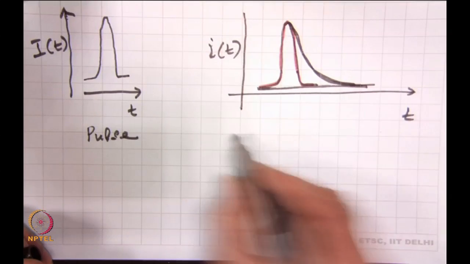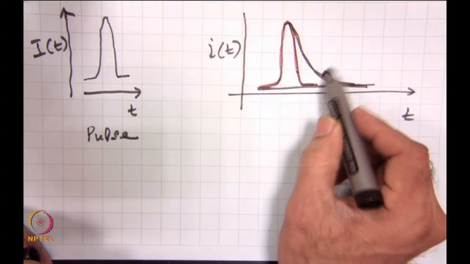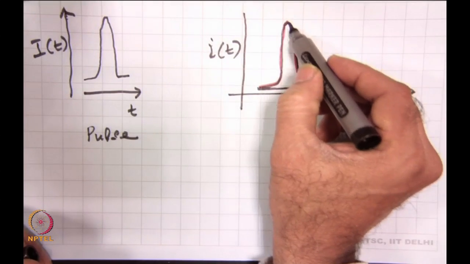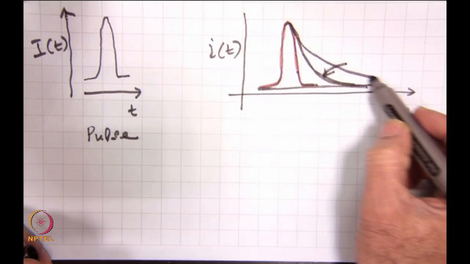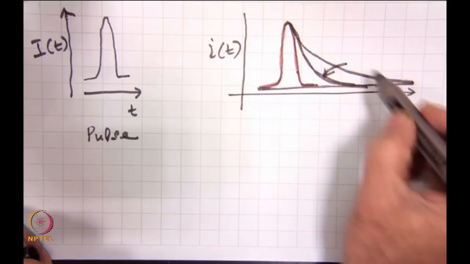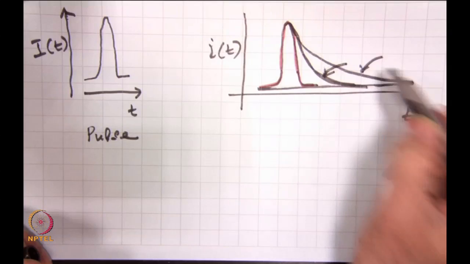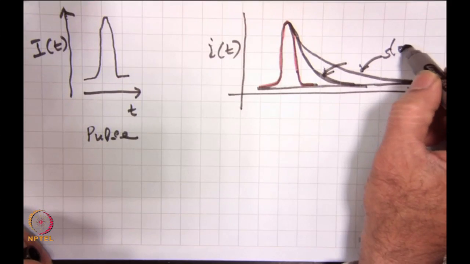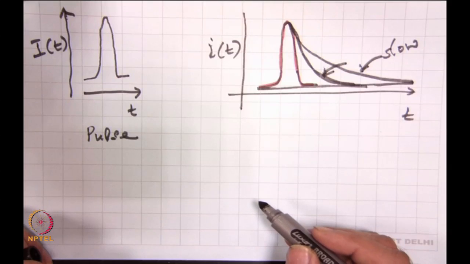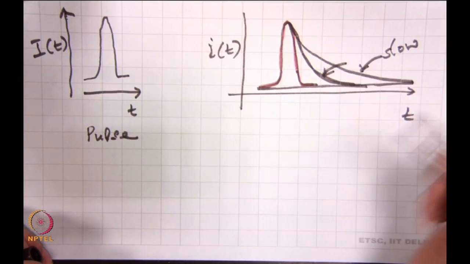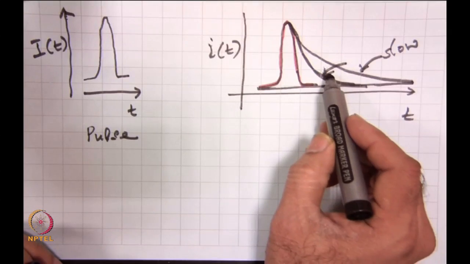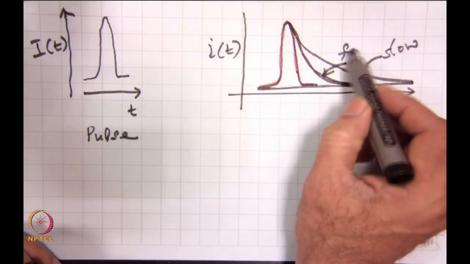With reference to the avalanche process, a rapid drop or a slow drop here corresponds to how fast the avalanche process quenches. So, this is slow, which means the avalanche process takes longer to quench or stop, whereas in this case it is faster.